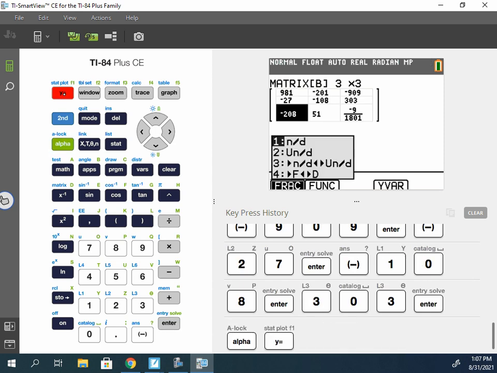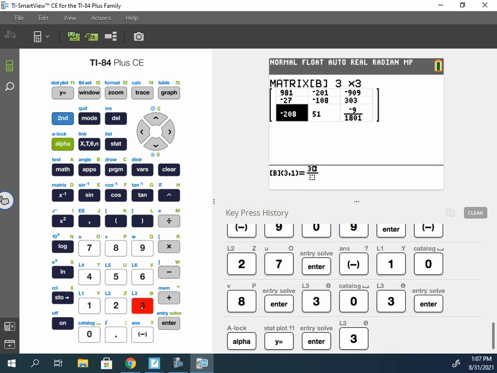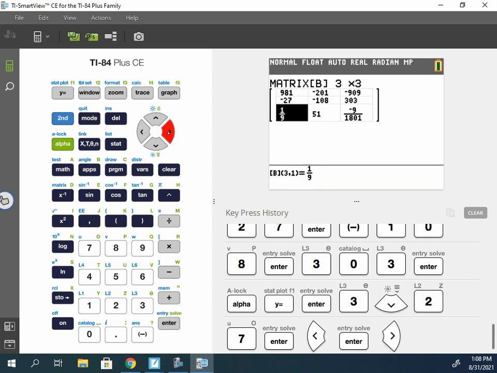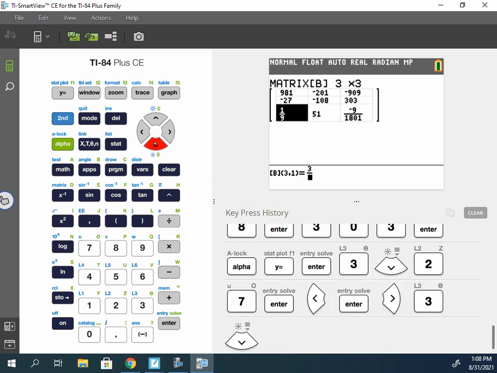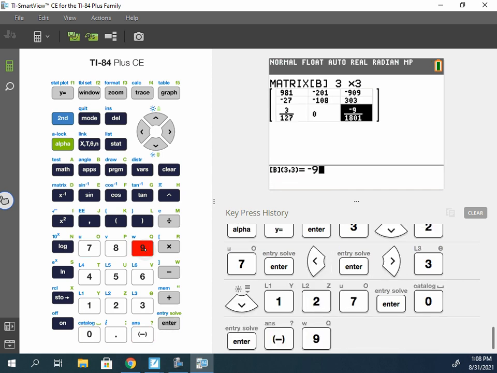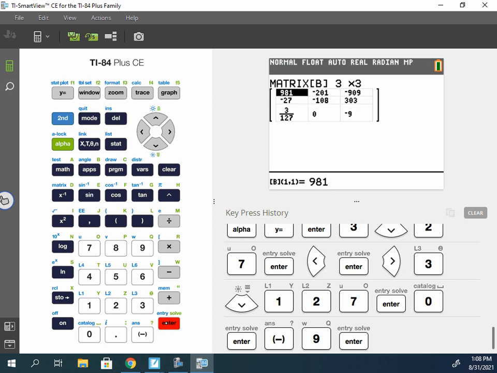Alpha y equals enter for 3 over 127, 0, and negative 9. And we went over this the other day, being able to type these in, being able to type the matrices in.